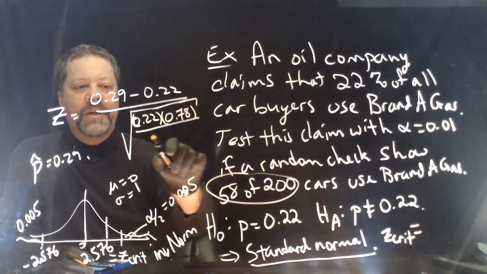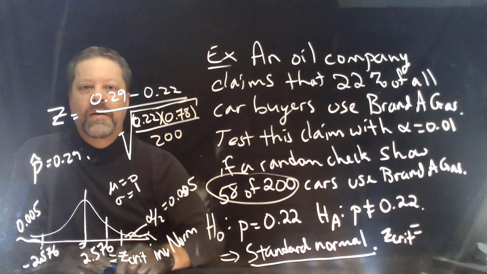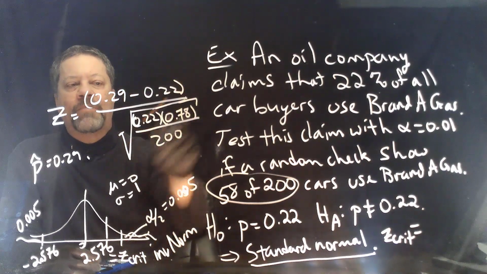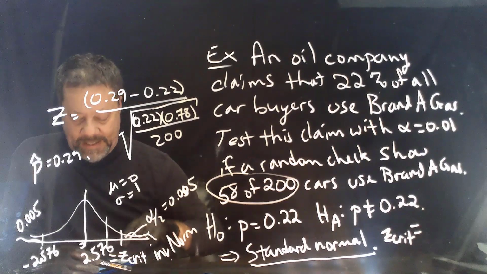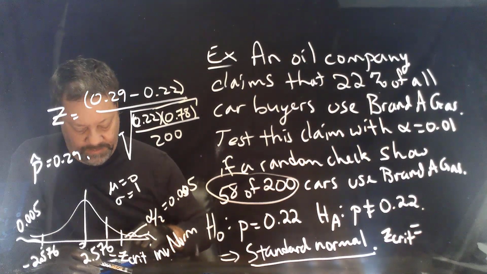22% and 78% over 200, all under the square root. Don't forget to use an implied set of parentheses around the entire numerator, divided by the square root of 0.22 times 0.78 divided by 200.